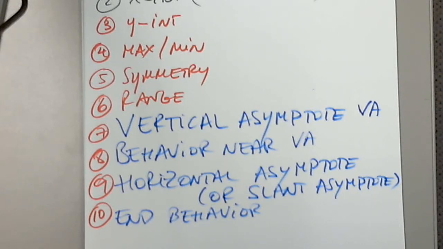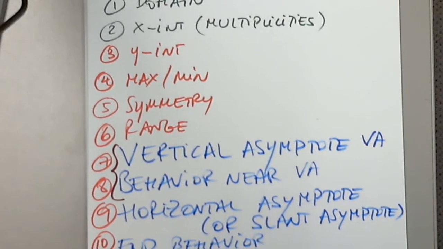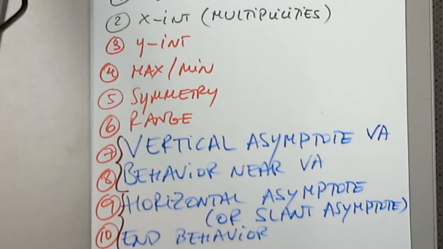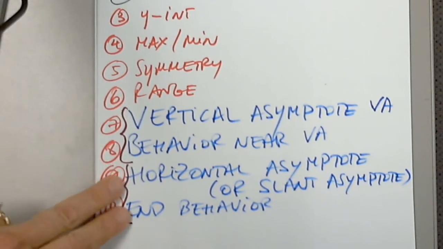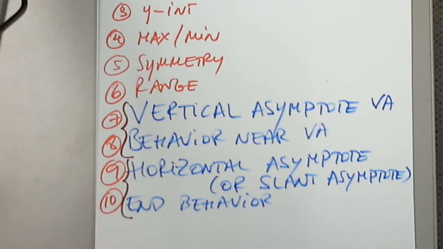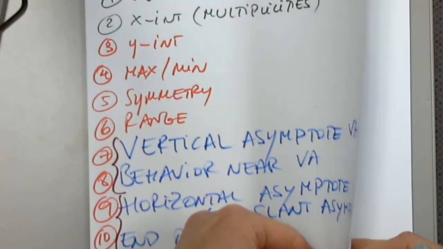Now, I have to mention the fact that these 2 should go together, as well as these 2 should go together. So if you want to say, well, my step 7 is these 2, and then my step 8 is these 2, I'm fine. They do go together. So we're going to go through all these steps.